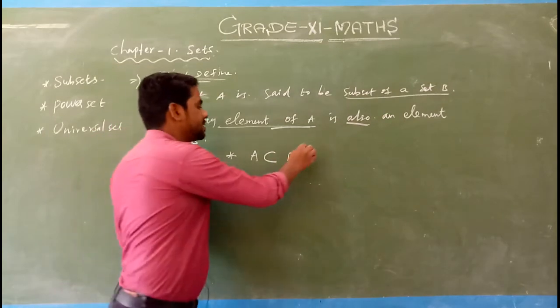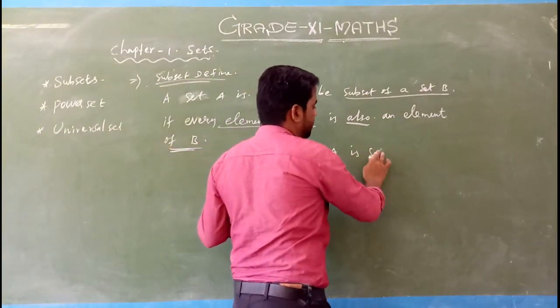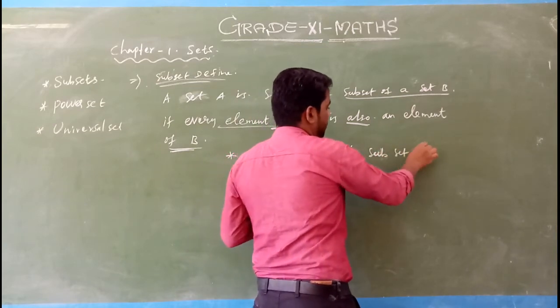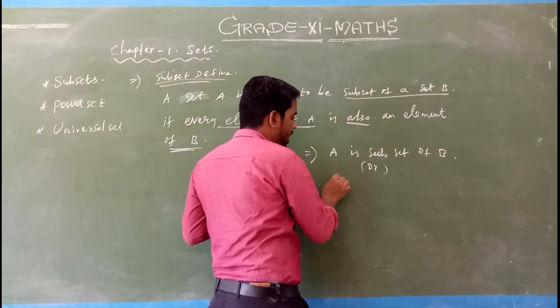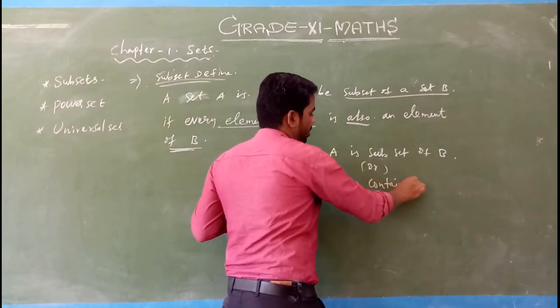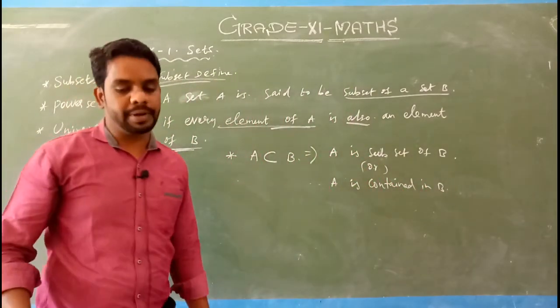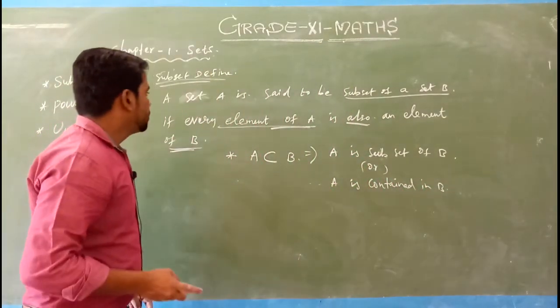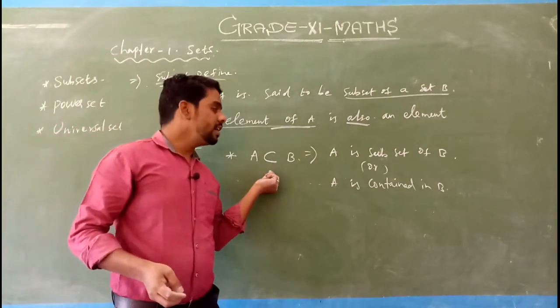The symbol is here: A is a subset of B, or A is contained in B. Okay. So a set A is a subset of B. This is the symbol.